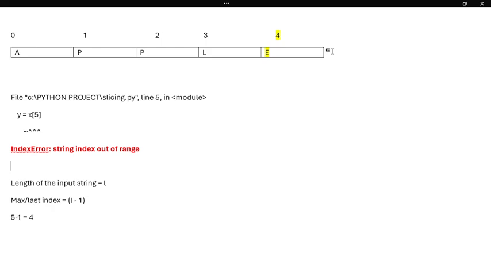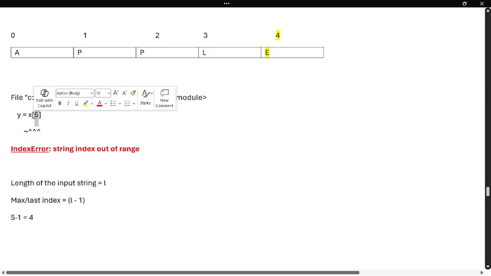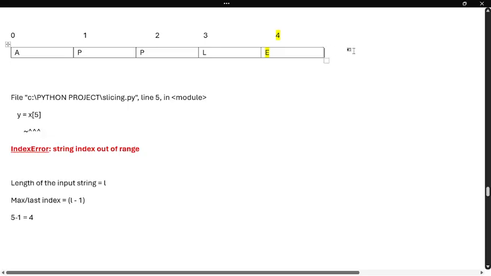You are searching for the next one, the sixth place. If it is starting from 0, 0 A, 1 P, 2 P, 3 L, 4 E. So, sir, when you are searching for 5, you are searching for the next one. Is there any compartment? No, nothing. That is, you are searching out of range, sir. You are not in range.